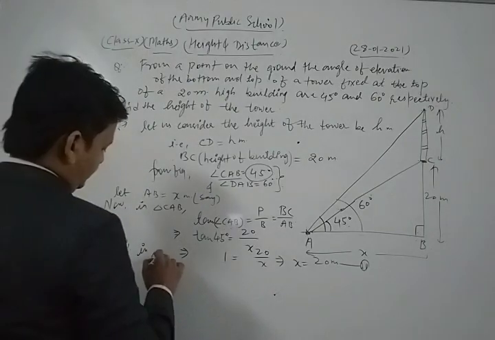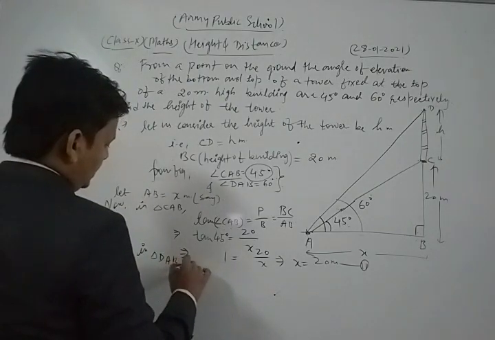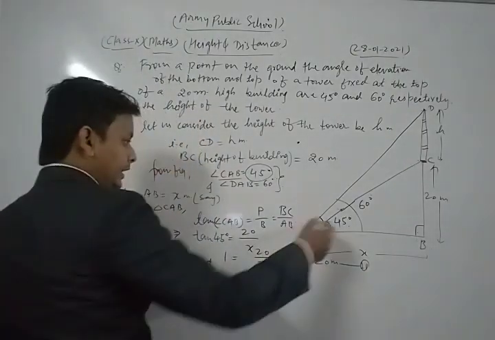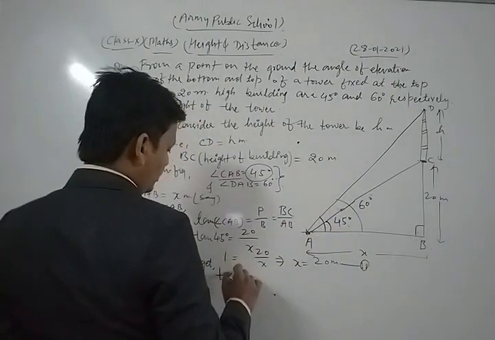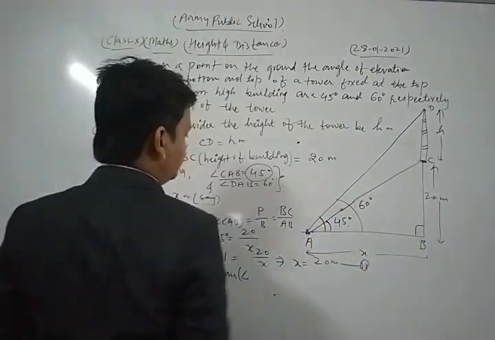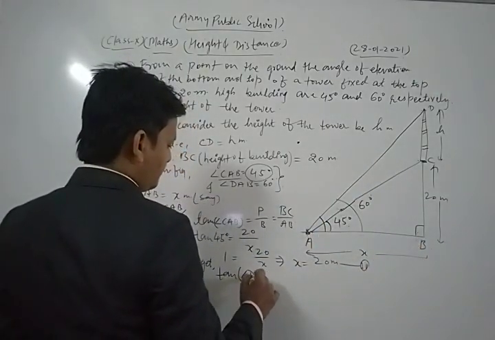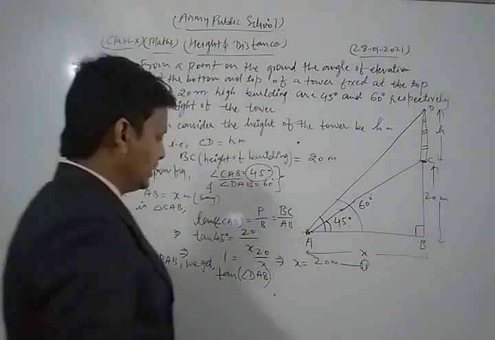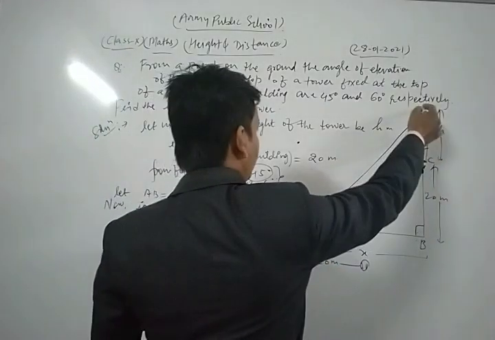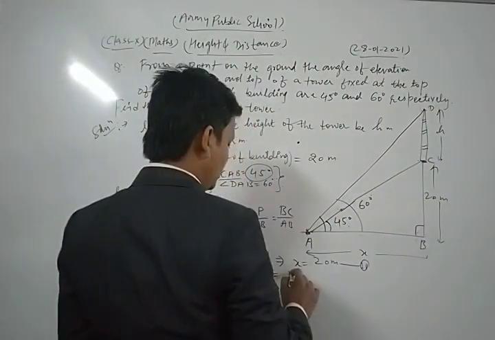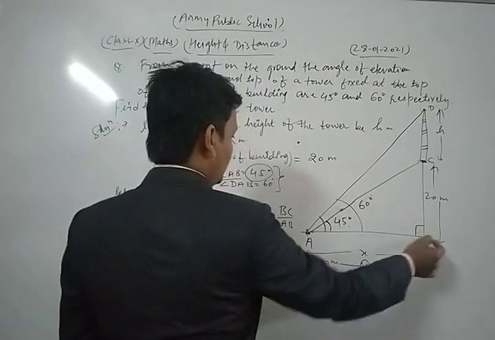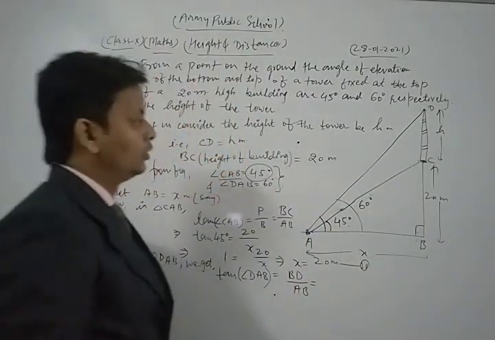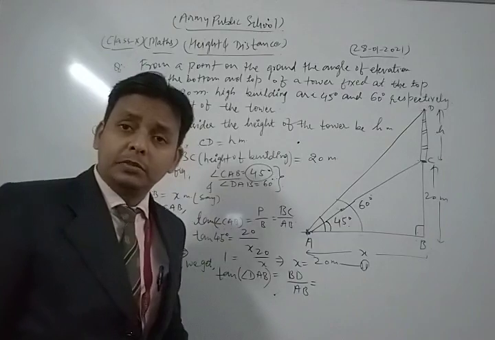In triangle DAB we get tan of angle DAB is equal to perpendicular upon base. The perpendicular is BD and the base is AB.